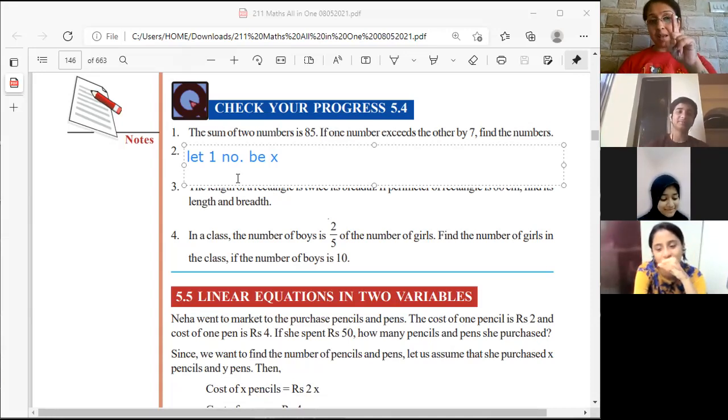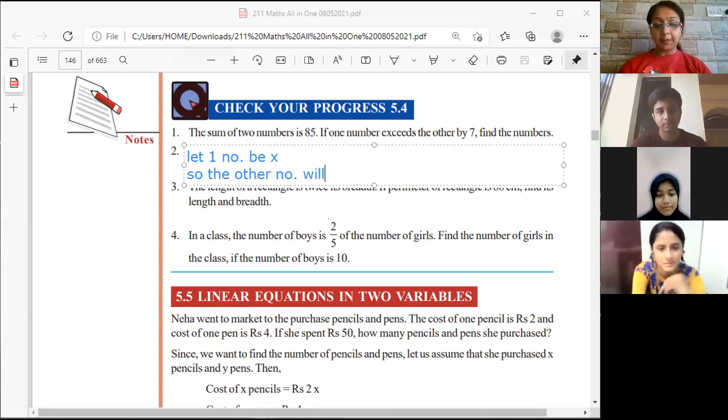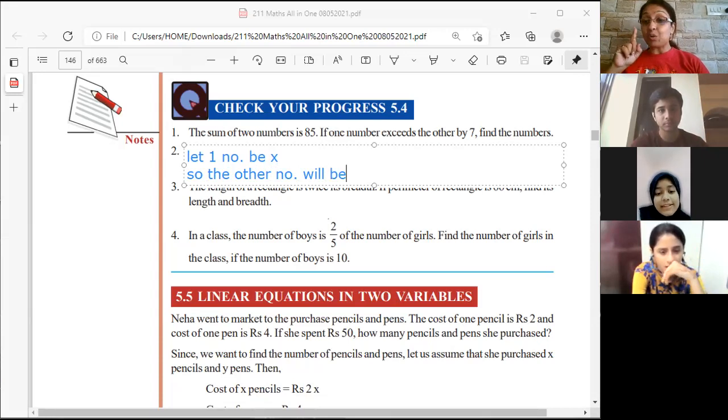Chalo. So we come back to the sum. We say let one number be x. So tell me what will be the other number? No, we can't take y. The same x and x? No, we can't take two x's. We can take both x if both the numbers are equal.